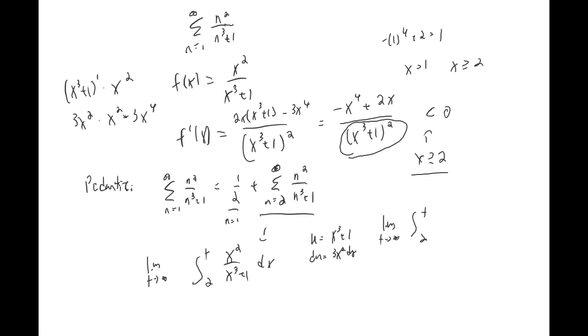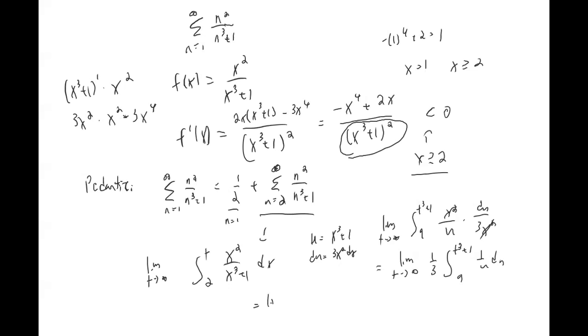Let me not put the bounds yet. dx is du over 3x squared. So it's 1/3 integral. When x is t, this is t cubed plus 1, and the lower bound is 9. And then you have 1 over u du.